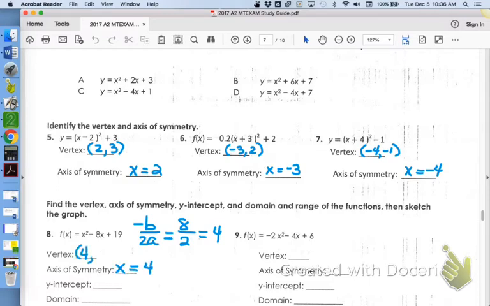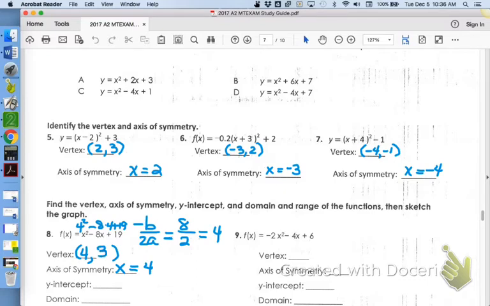And it's the first piece of the ordered pair for the vertex. To find the partner, I'm going to run the 4 through this equation. And I'm going to get 16 minus 32, which is negative 16. Negative 16 plus 19 is positive 3.